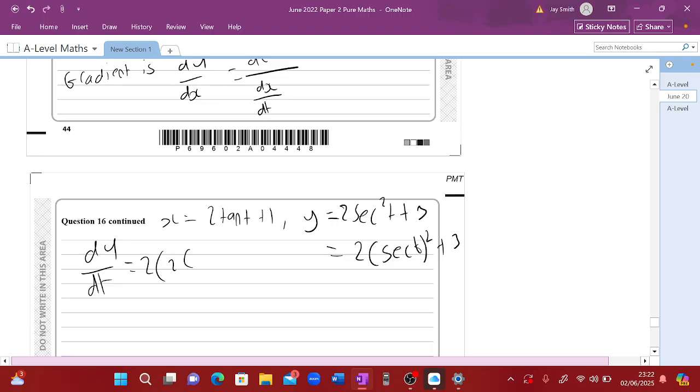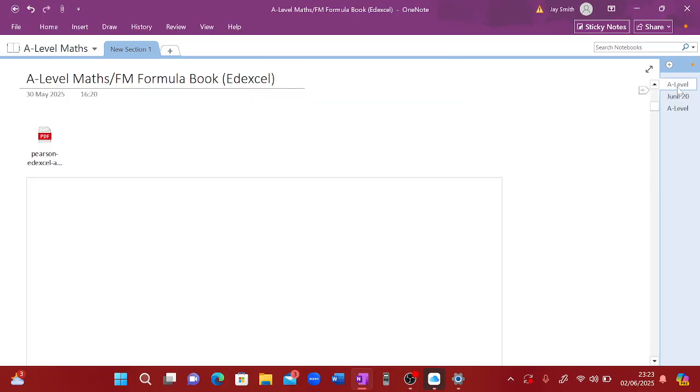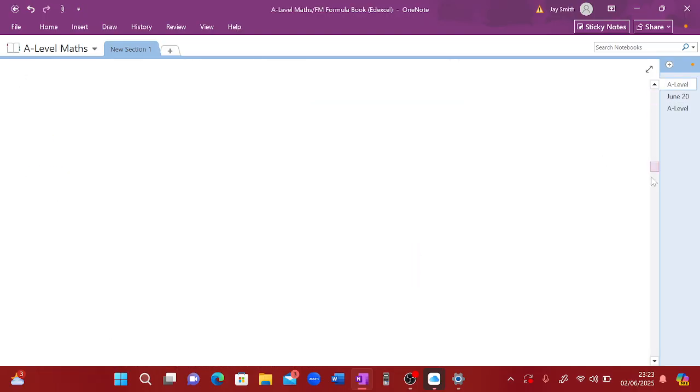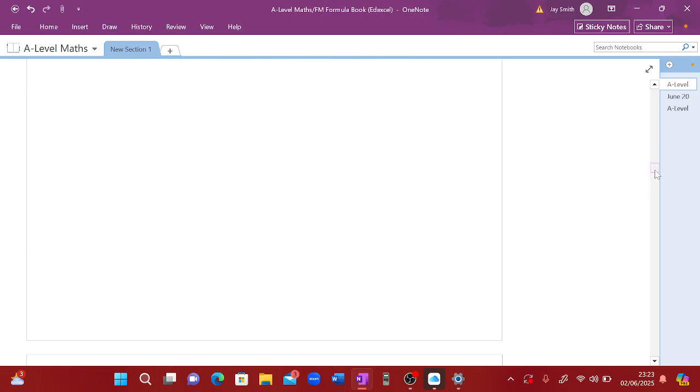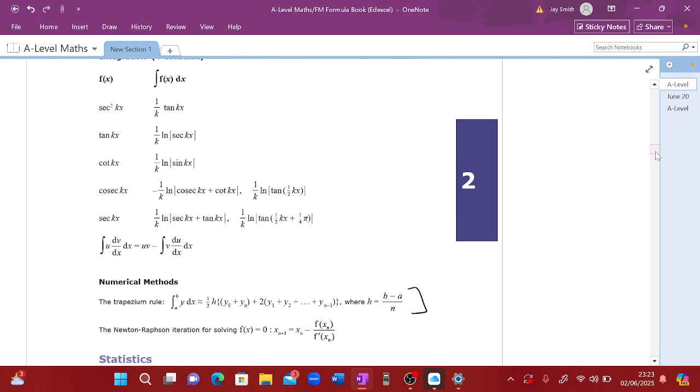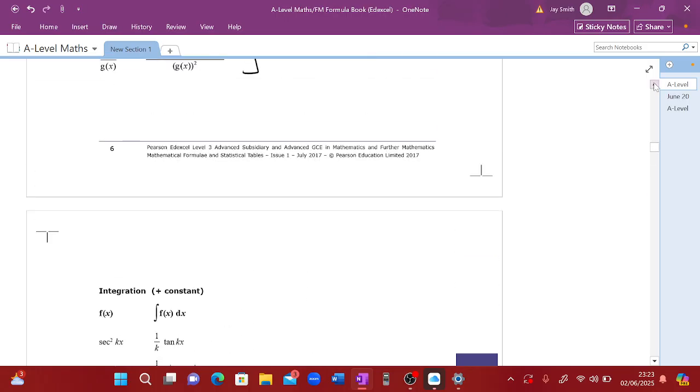So sec of t. Now, actually, it's given in the formula book what the derivative of sec t is. It's in the differentiation section. If I can find it, that's the integration section.